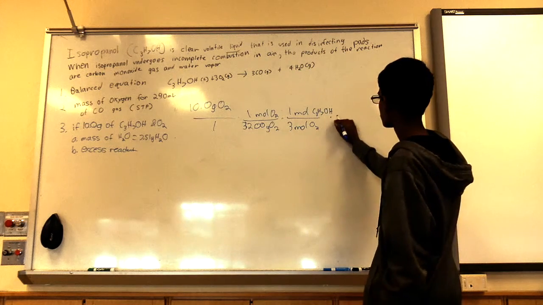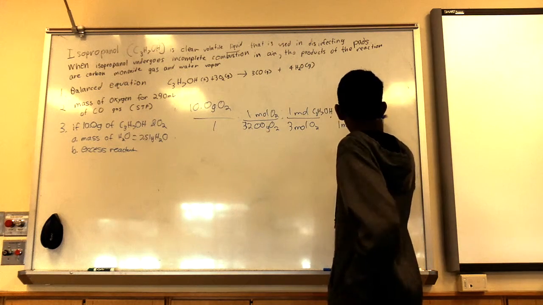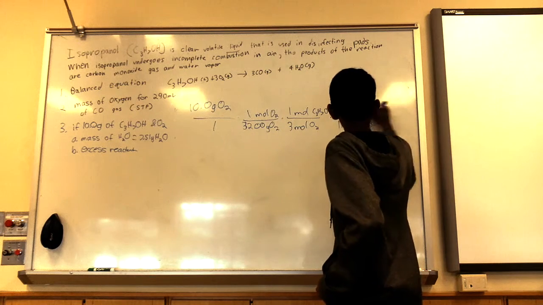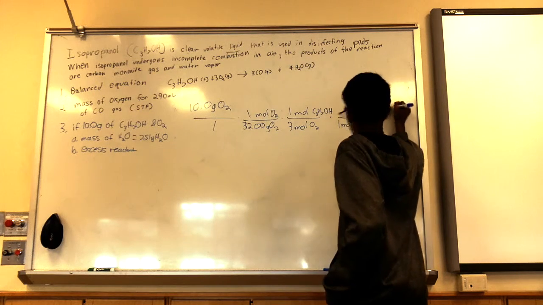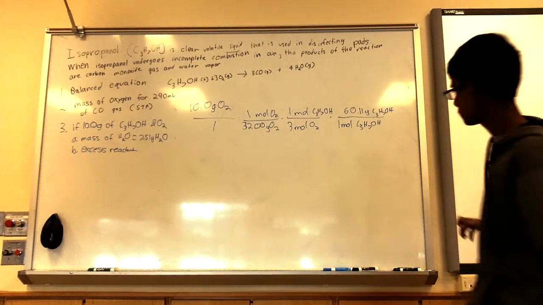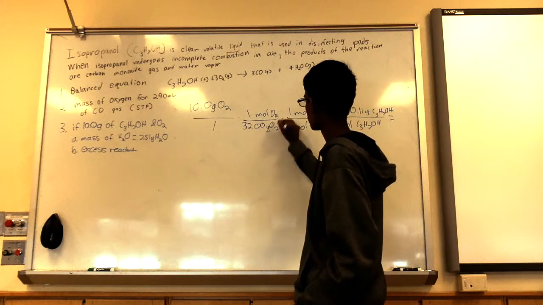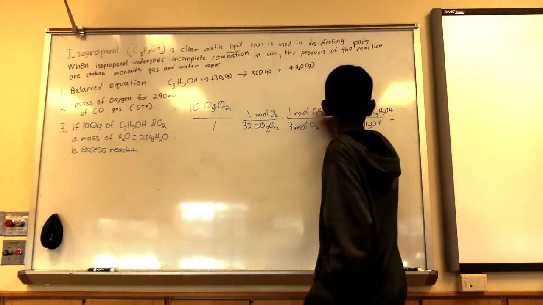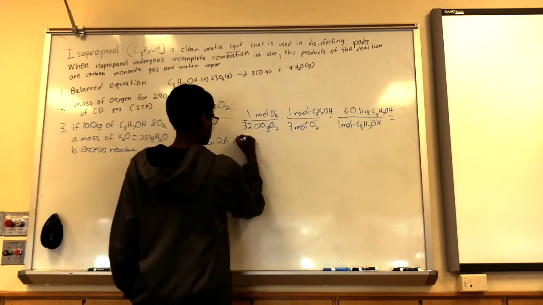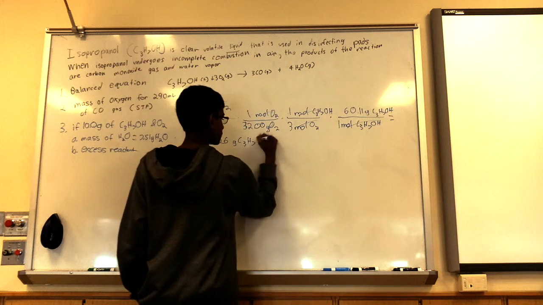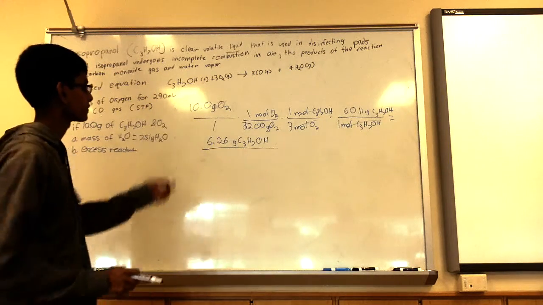Then convert this into grams, and 1 mole of C3H7OH is 60.11 grams of C3H7OH. I'm going to double check that. Yep. And then once you multiply this all out and all your units cross out, you should get 6.26 grams of C3H7OH. So this would be our theoretical amount that we need if we have 10 grams of O2.